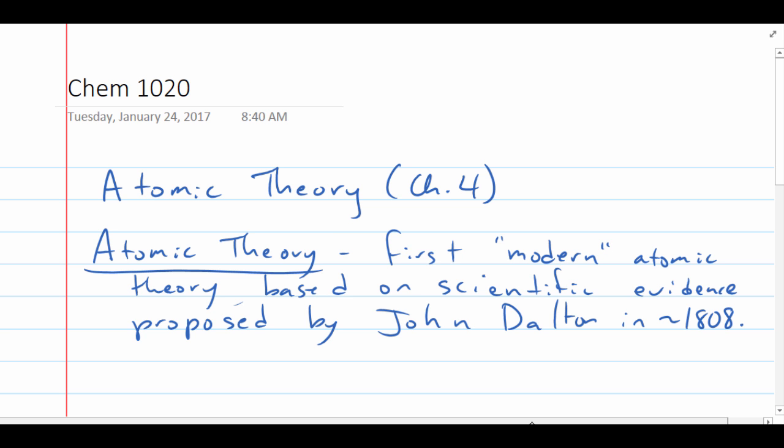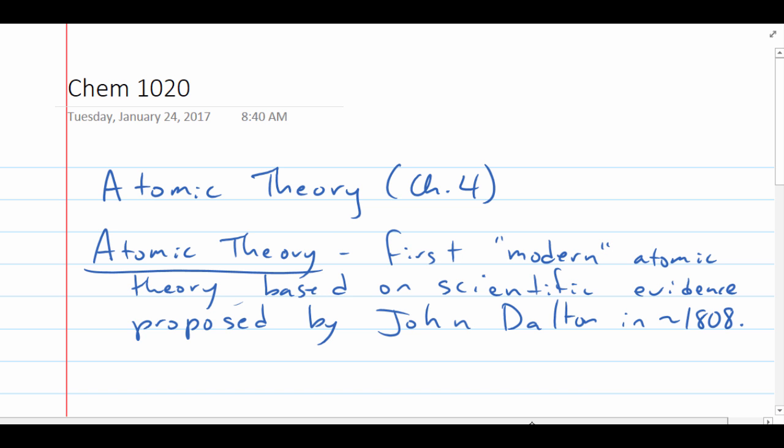I'm looking at page 96 in your text. There we go. And so these were the main ideas of Dalton's atomic theory.